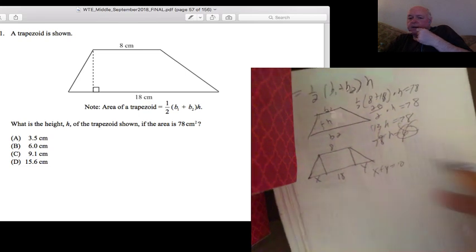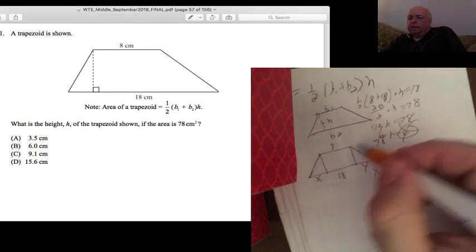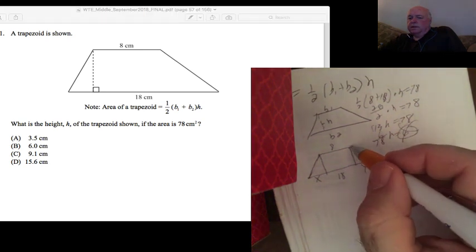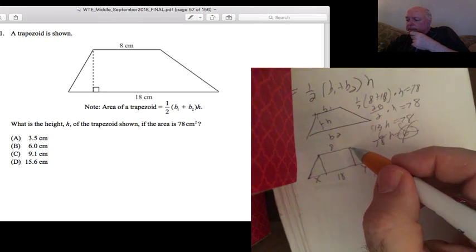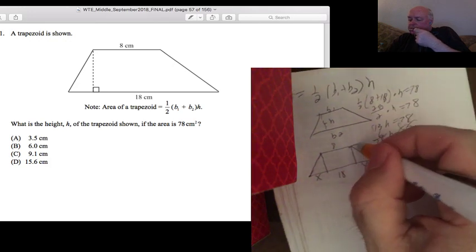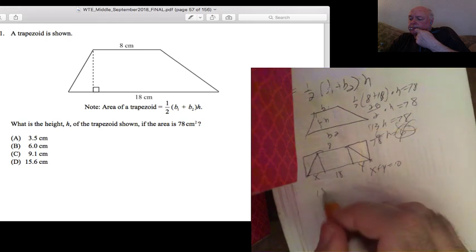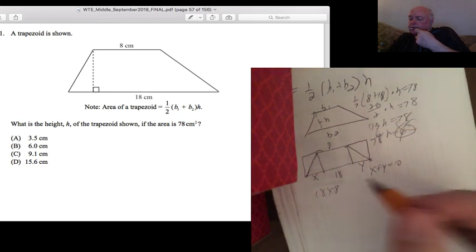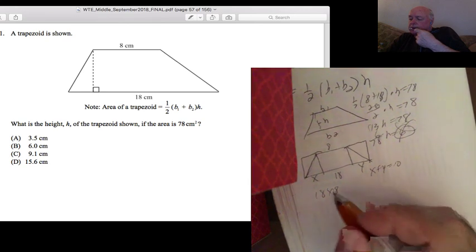And what Leo is suggesting is that if we fill this in here, we basically have an 18 by 8 rectangle. Let me see, 18 times 8 is 144, right?